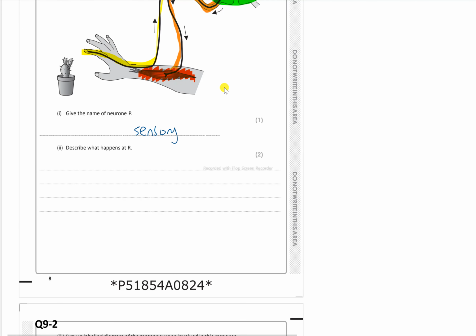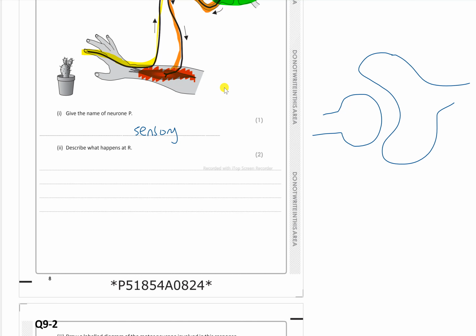So this is what we said. Remember, there's the end of one neuron, there's the start of another neuron. So there's a gap here. This gap is called the synapse. You have to use the word synapse.